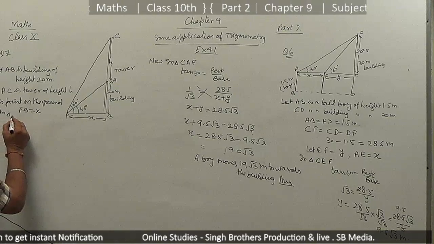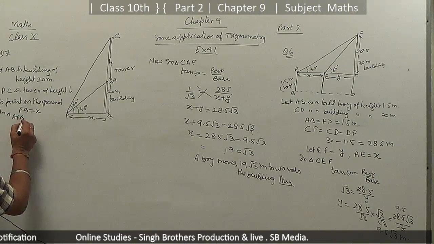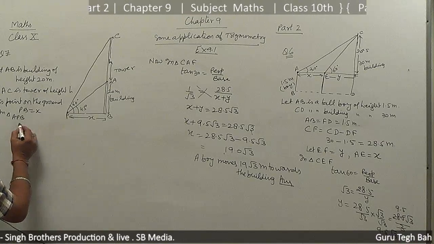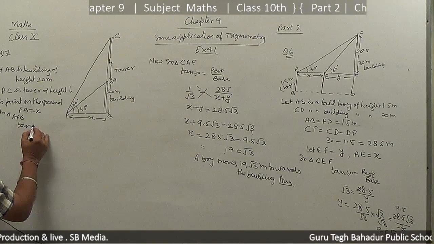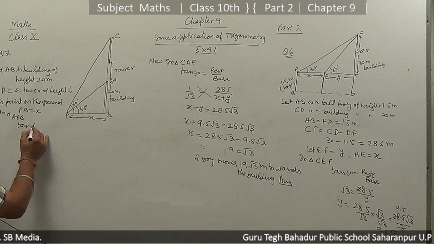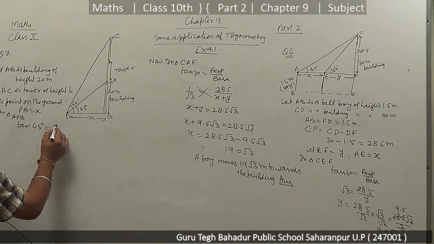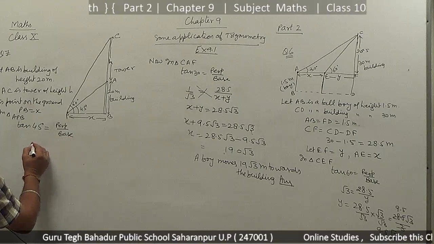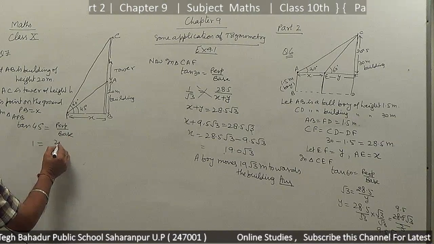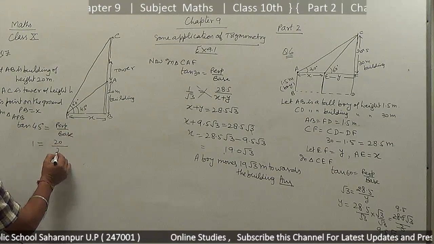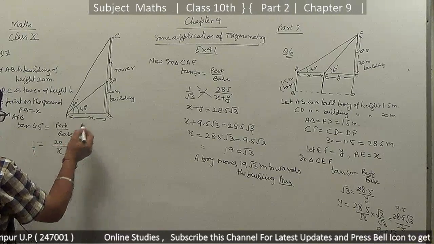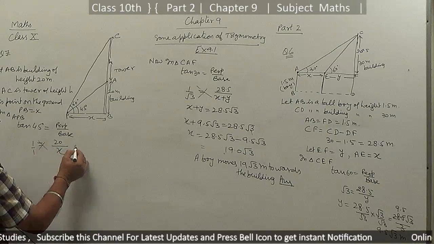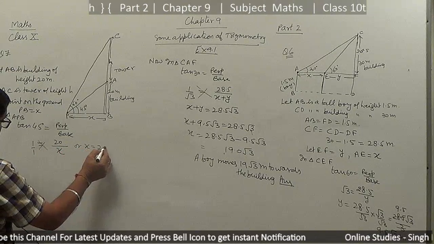In triangle APB, perpendicular is given, base is to be calculated. Perpendicular and base are used in tan. Tan 45 is 1, so 1 is equal to 20 upon x. This is 20 perpendicular, base is x. Cross multiply, x is equal to 20 meter.